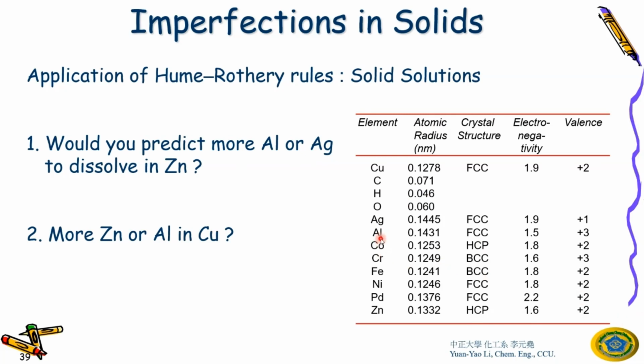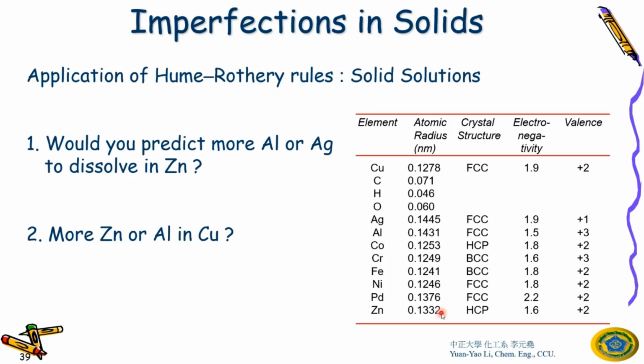So which one? Zinc is here. The atomic radius of zinc is about 0.1332, the crystal structure is hexagonal close-packed, the electronegativity is 1.6, and the valence is +2. How about aluminum? Aluminum is 0.11, and silver is 1.445. They are very, very close, but aluminum is closer.